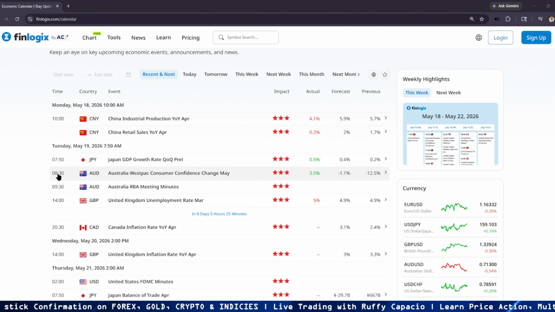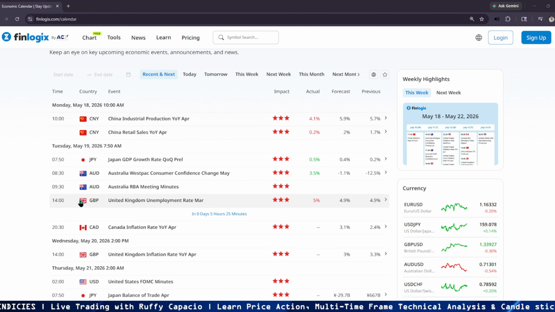As you can see here, 8:30 and 9:30. I'm currently on Manila time, so it's probably still the Asia session. Excuse me. And the JPY is already having its news, because it already started at 2 p.m.